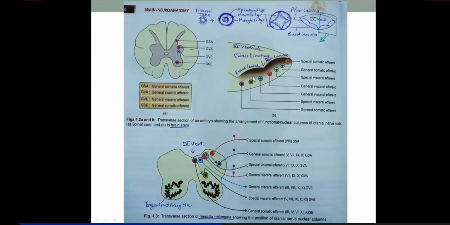Got it? Afferents coming through this functional column will stimulate the efferents of this functional column. A better way to understand it is like a book, and this is the fold of the book.